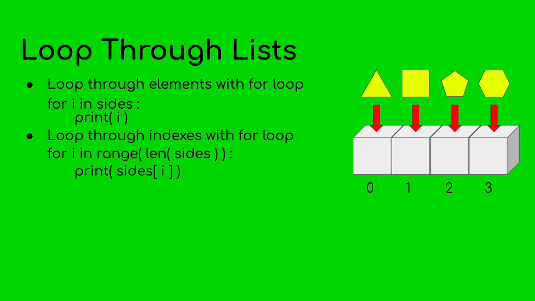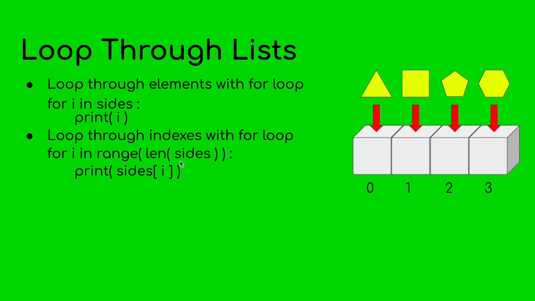So in this case, it will be 4. And what the range function does is that it returns numbers from 0 up to, but not including, the value that you pass in. So since the length of sides is 4, this range function is actually going to return 0 to 3. And that perfectly coincides with the index numbers that we have.